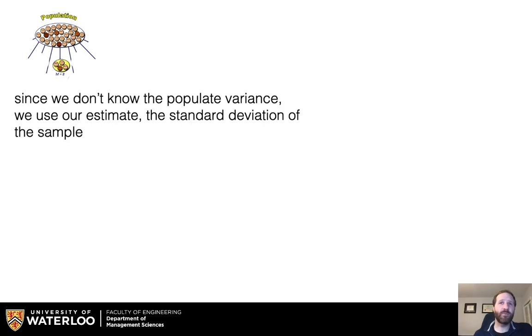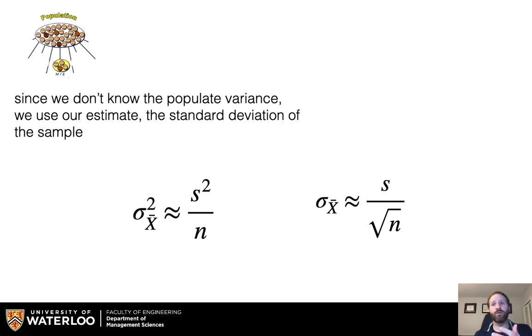And since we don't know the population variance, we use our estimate, the standard deviation of the sample, which is usually denoted as S. So we now have an estimate for the variance or the standard deviation. So the standard deviation of x bar, or of the mean, is the standard deviation divided by the square root of n. And it's known as standard error.